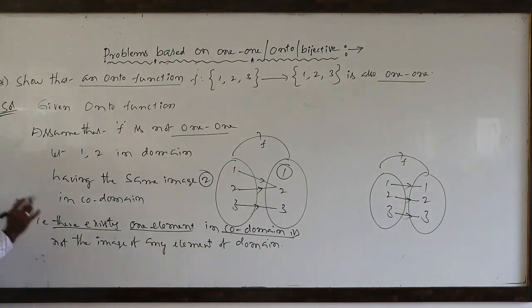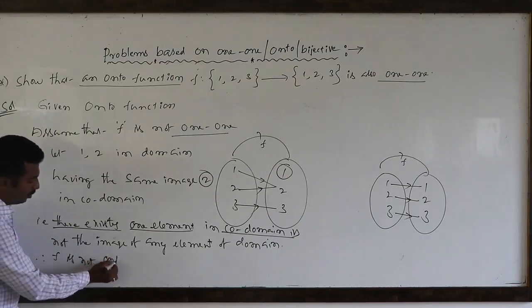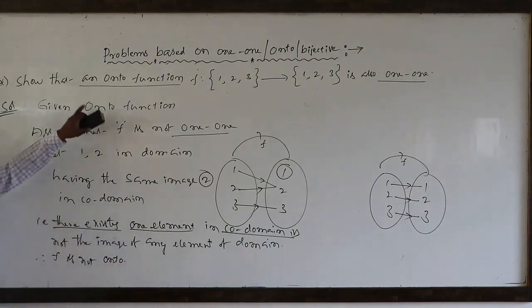Therefore, F is not onto. F is not onto, but the given function is onto, so our assumption is wrong.